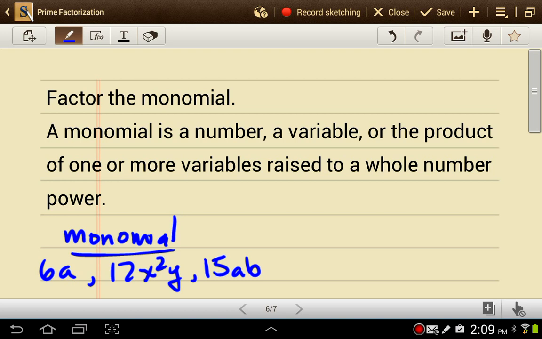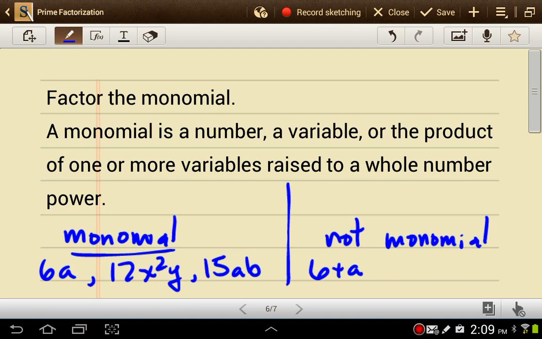Okay, a non-monomial, these are not monomials. You'll notice something about these. They all are going to have a plus or minus sign in them. Okay? Those are multiple terms. Mono meaning one.